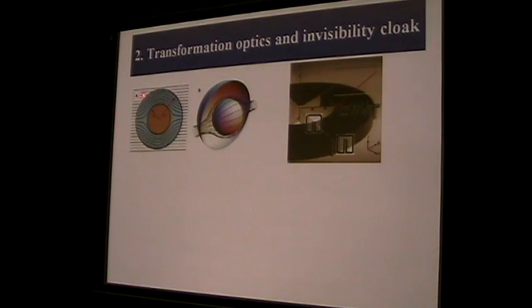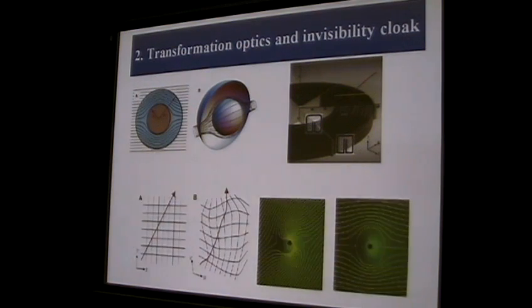Also, you have learned a lot from Professor C.D. Chen's talk that there are some fancy works based on transformation optics and the invisibility cloak. And still, there are quite a lot of works which can be done with this fancy new idea of transformation optics.